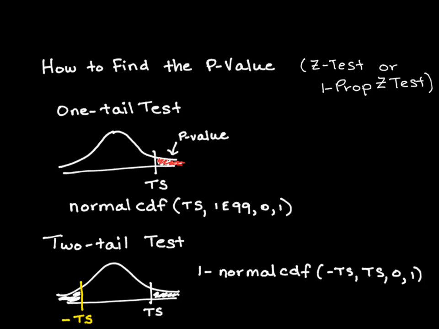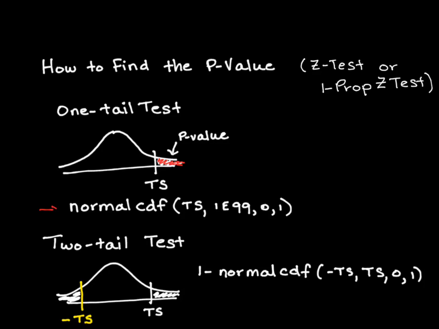The idea behind using the p-value is that we want to compare it to our significance level, and it winds up being a lot easier to compare the p-value to the significance level rather than having to draw the distribution every time.